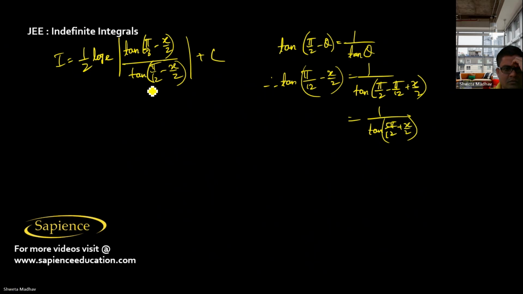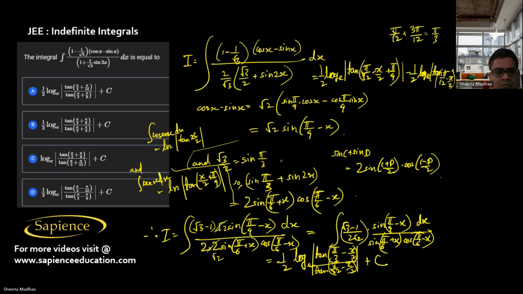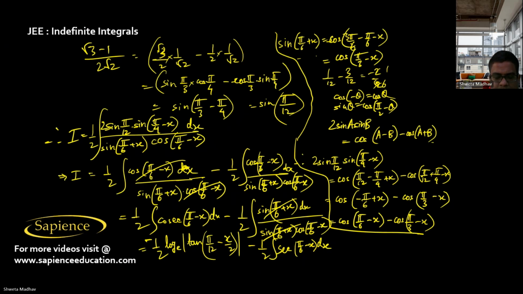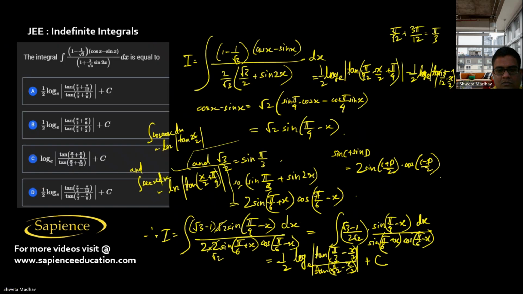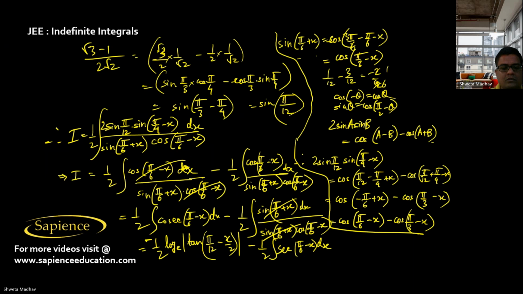Here actually something is wrong. So this will be plus, since here it was plus sine of (pi by 6 plus x).